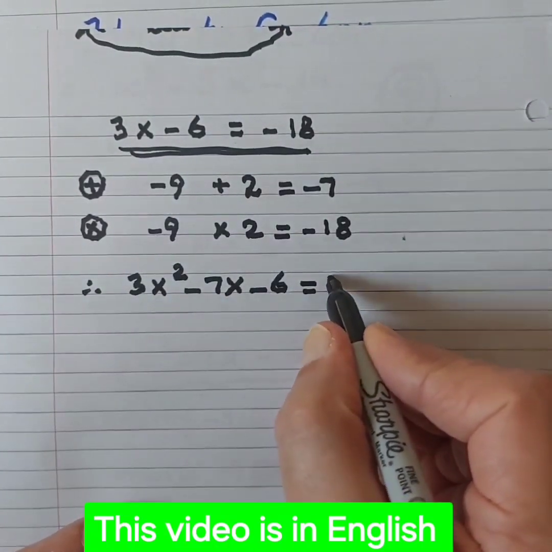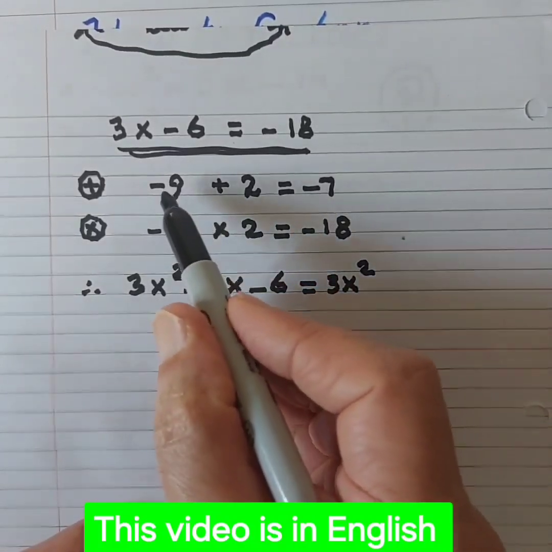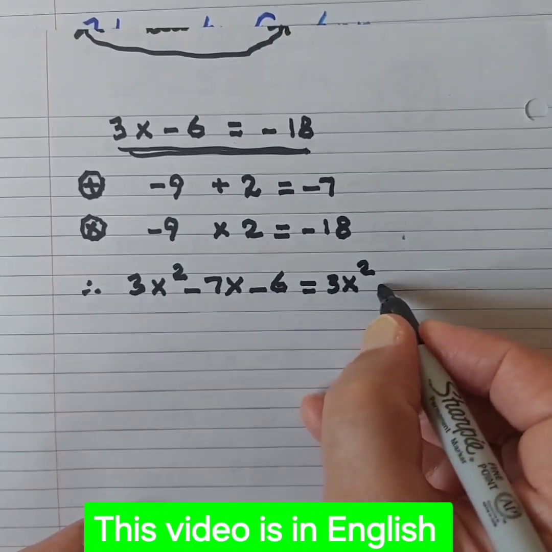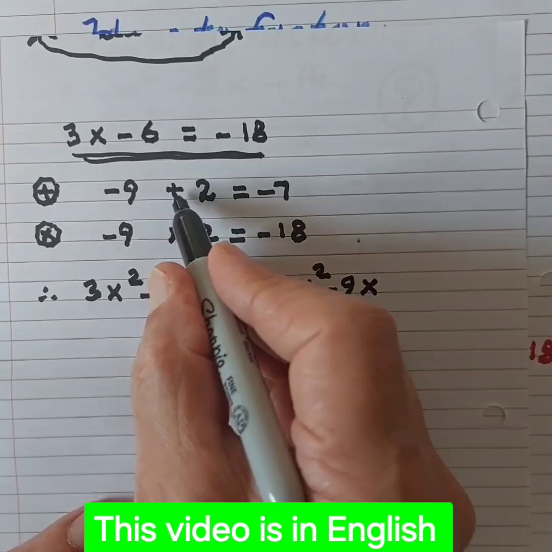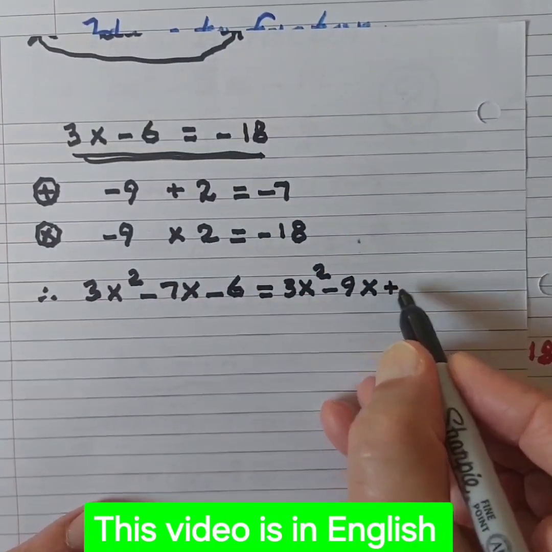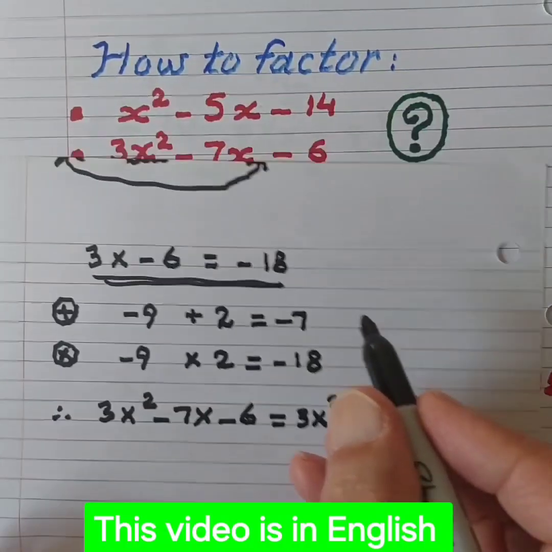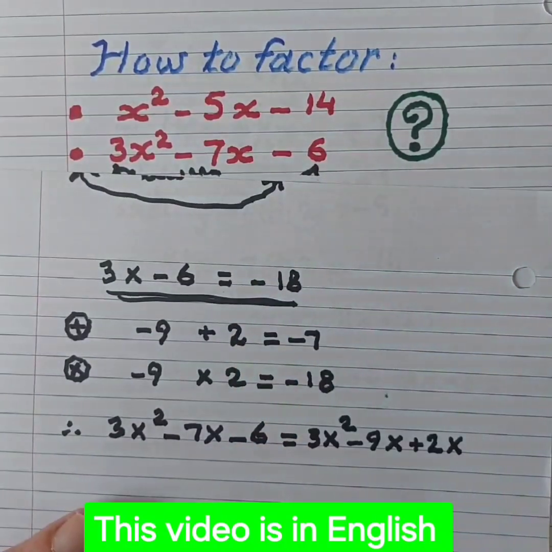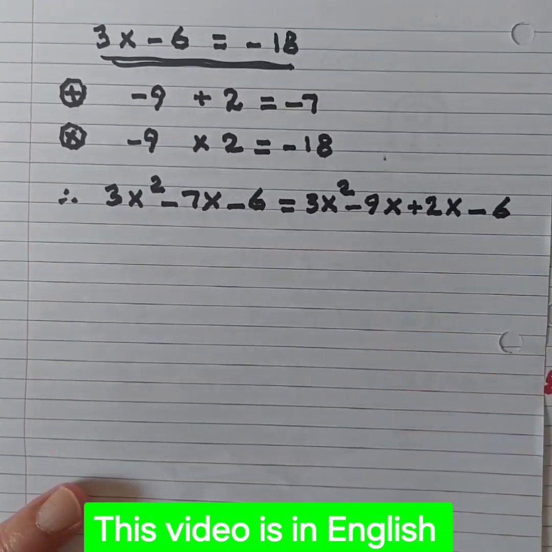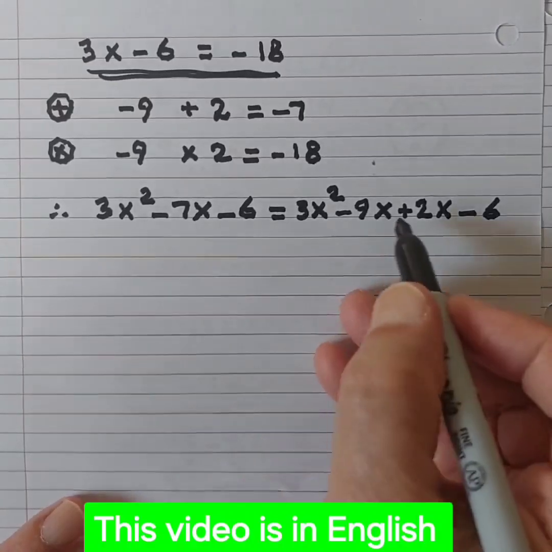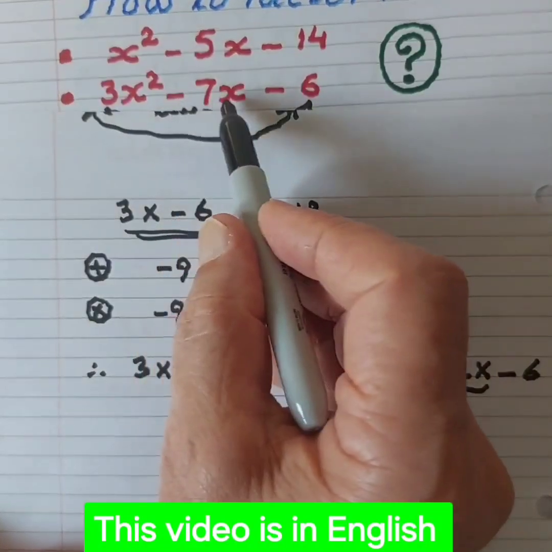Same 3x squared we started with, then we put minus 9x, then plus 2x, then minus 6. You see, the change we did, adding these two terms together, gives me the same term in the middle.